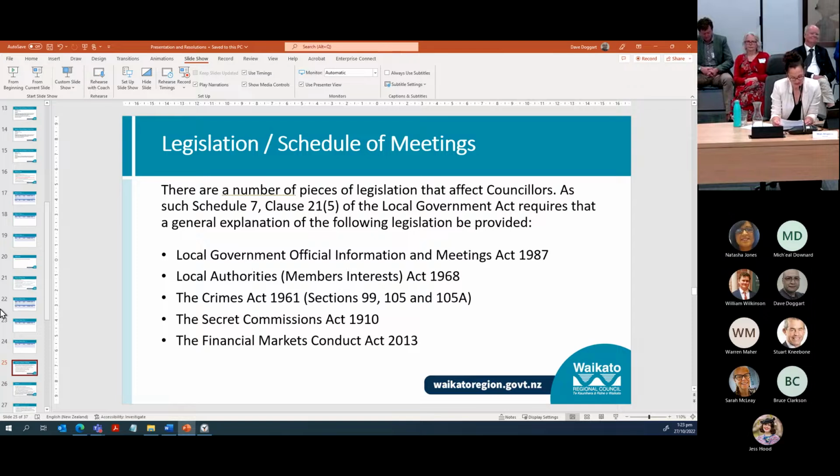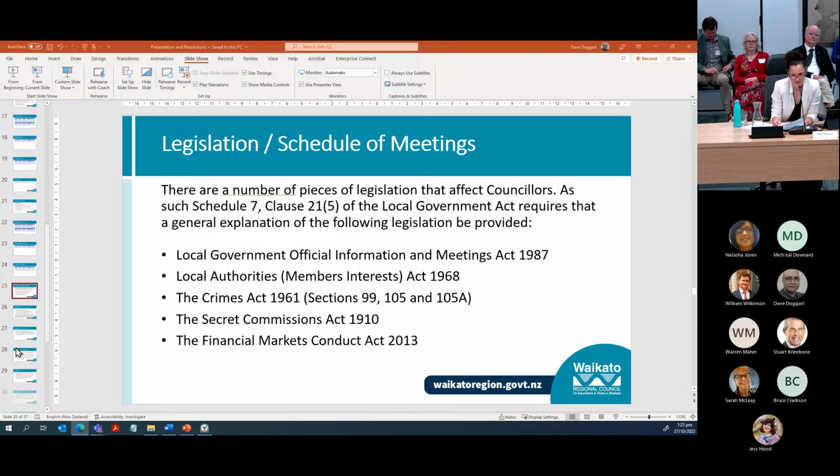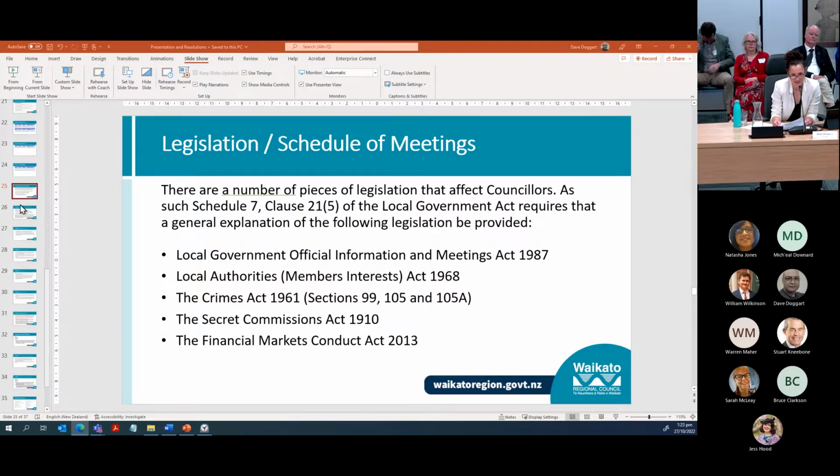Essentially, as outlined in your agenda, the business of the first meeting must also include an explanation of specific legislation that affects you, our elected members. Those pieces of legislation are identified here on the slide and in your report: the Local Government Official Information and Meetings Act, Local Authorities Members Interest Act, Crimes Act, the Secret Commissions Act, and the Financial Markets Conduct Act.